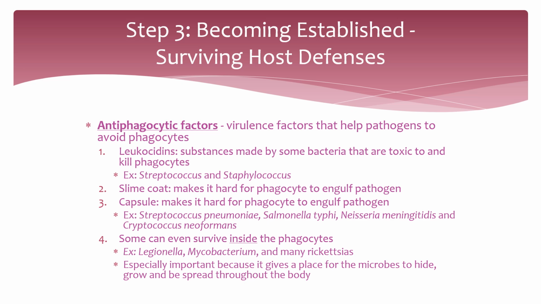So kind of like a Trojan horse, it hides within our immune system itself. Legionella and Mycobacterium are two examples of that. And remember, you don't have to know our examples. They're just a way to help you remember some of these.